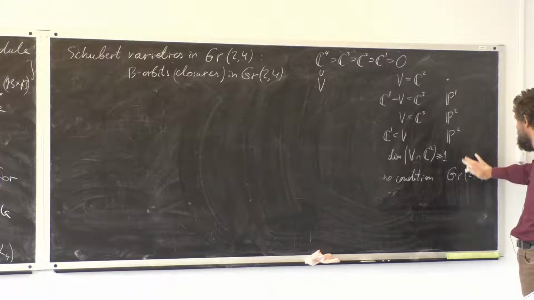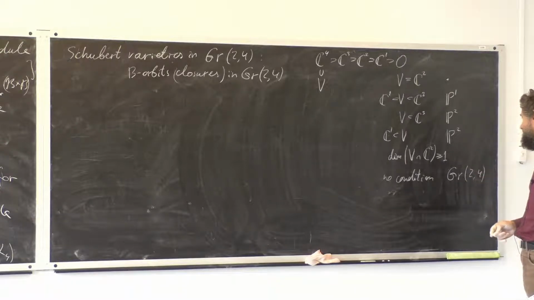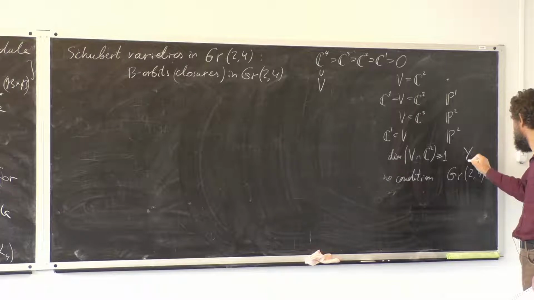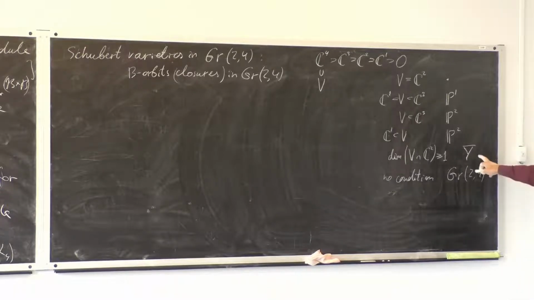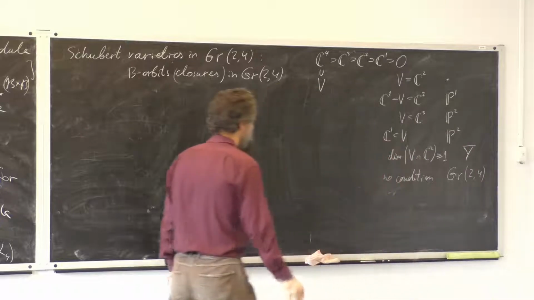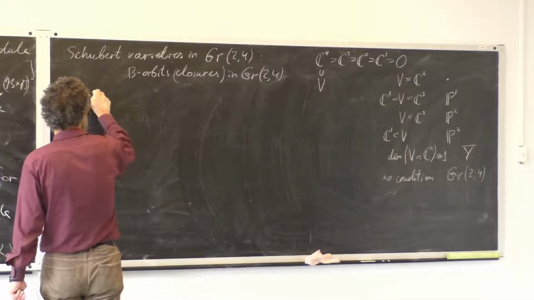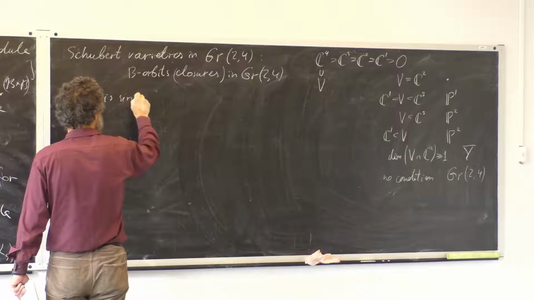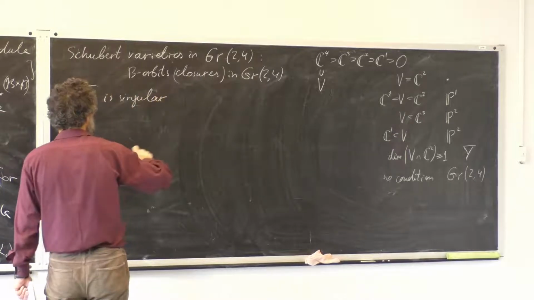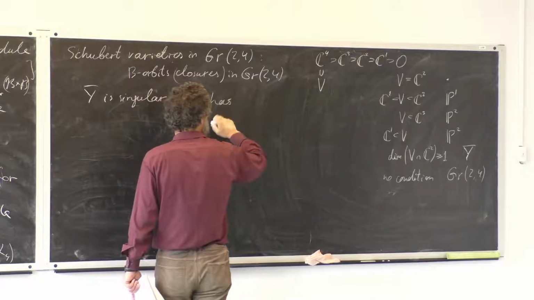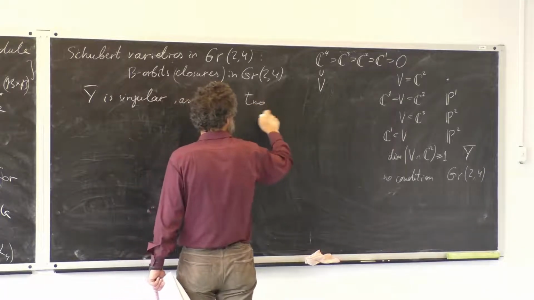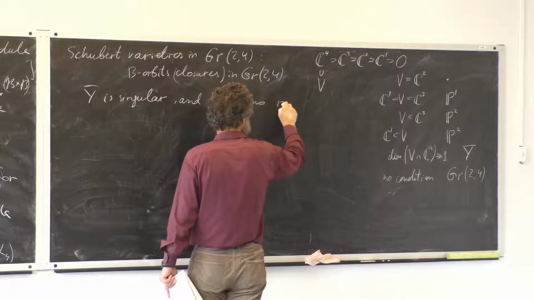Okay, maybe let's call this Y, maybe Y bar. And this one will be singular. This orbit closure will be singular, and has two resolutions.